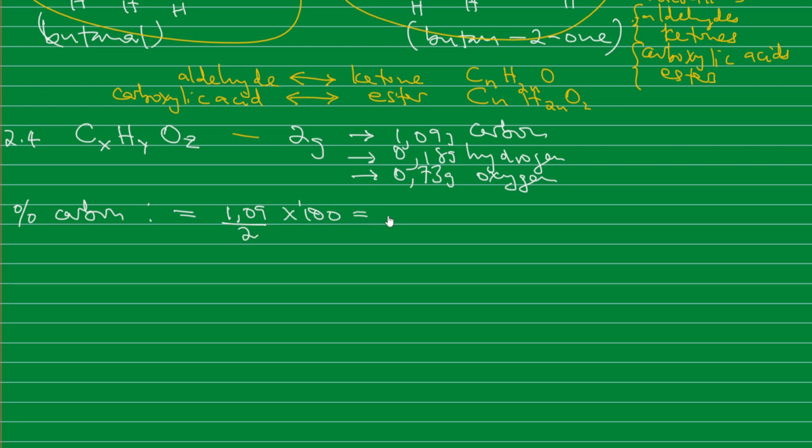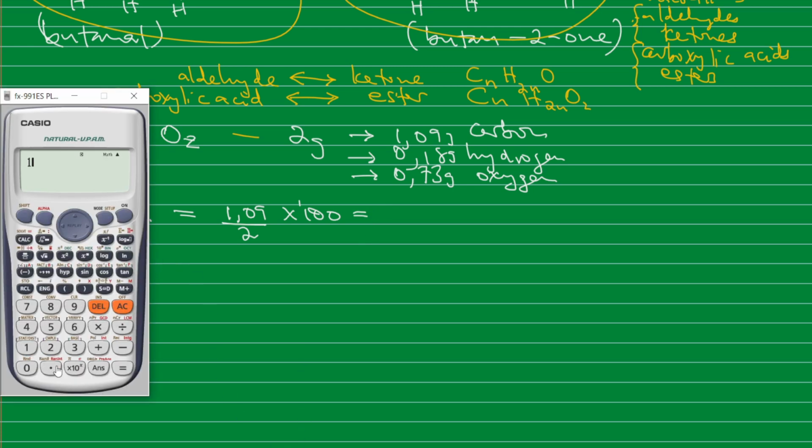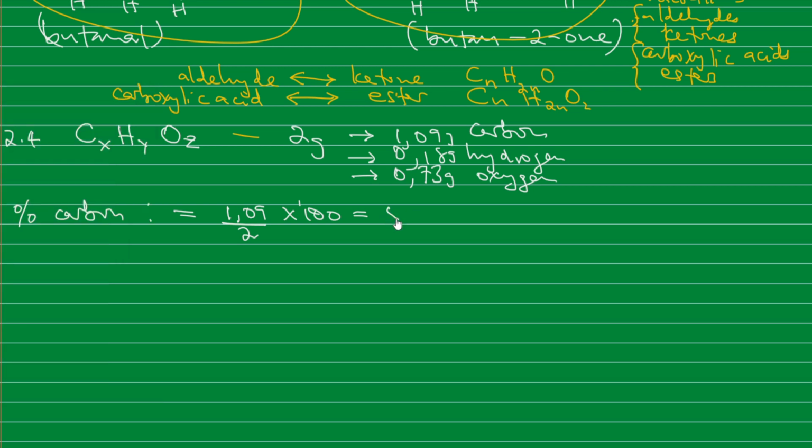So 1.09 divided by 2, multiplied by 100. I've got 54.5, so this is 54.5%.